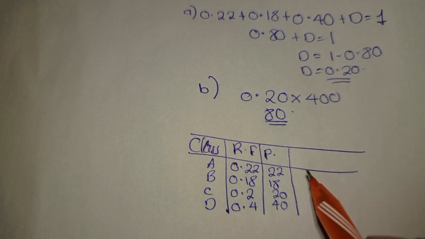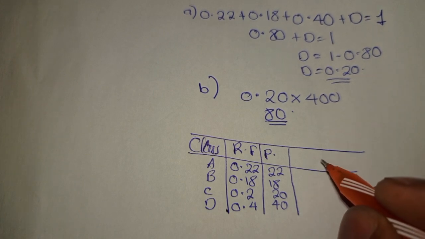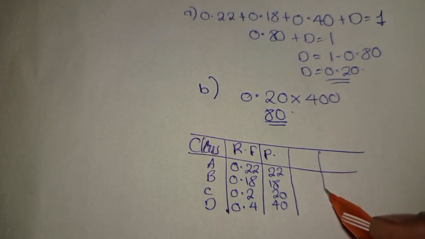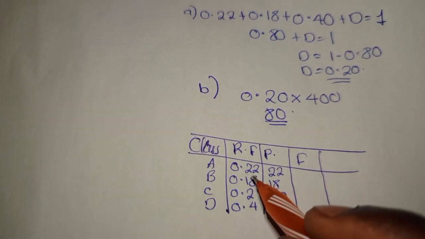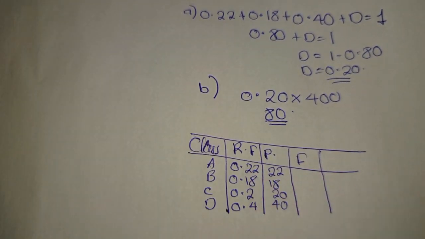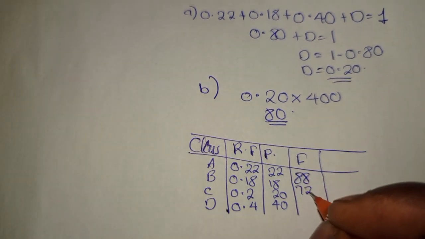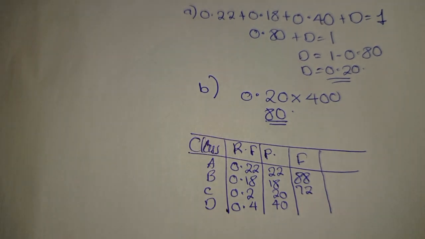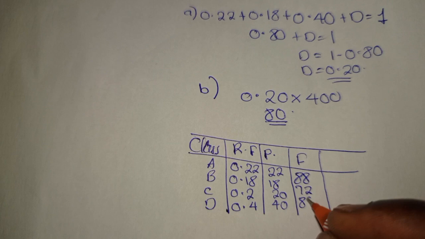From here, you will get what is referred to as the class frequency. So you multiply the relative frequencies by 400. So 0.22 by 400, you get 88, and 0.18 multiplied by 400, you get 72, and 0.2 multiplied by 400, you get 80.